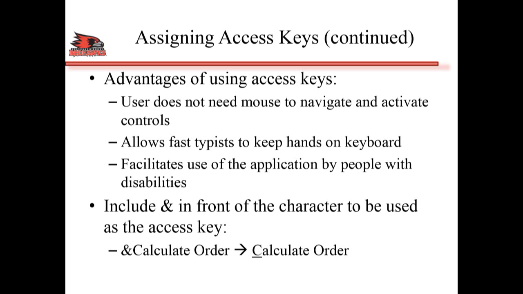How you implement access keys in your program is very simple. We just include the ampersand character in front of whichever character we want to assign as the access key. In our example here, you see the ampersand character before the C. You do that in the text property of your object.